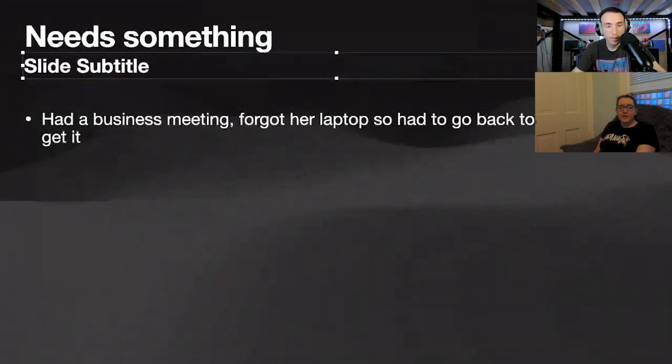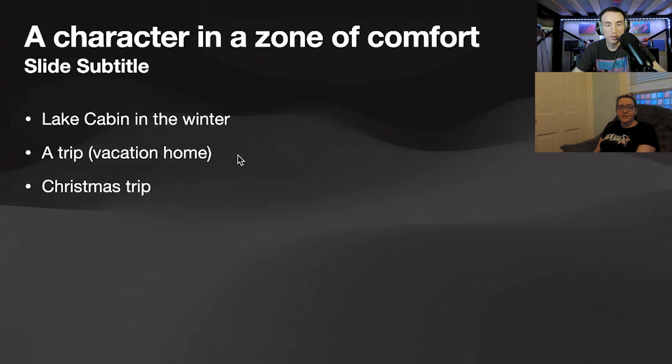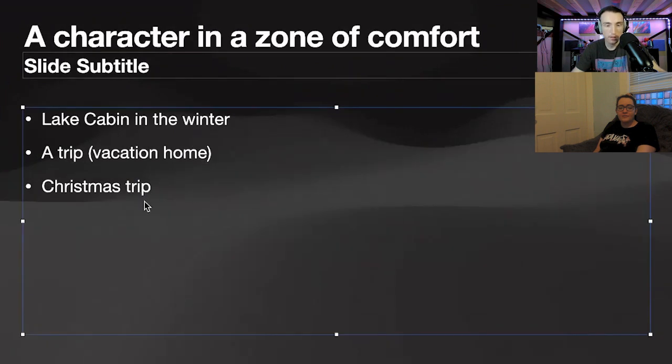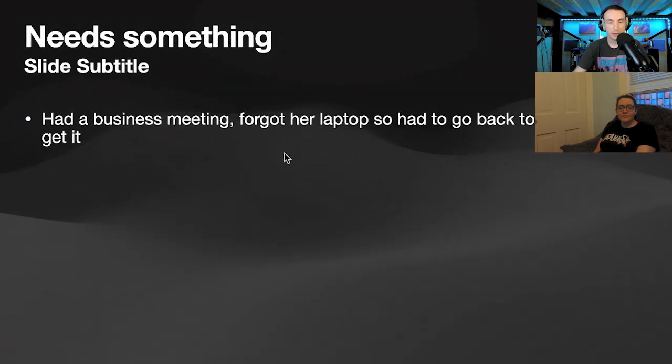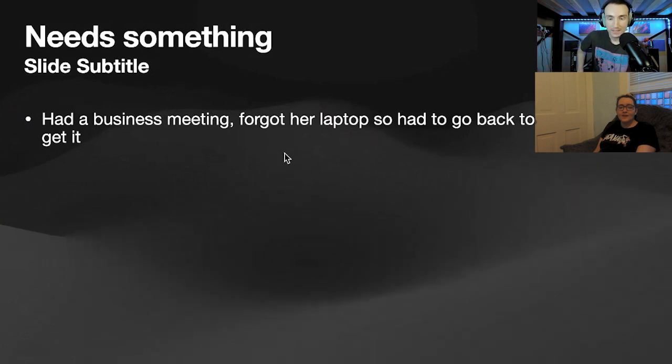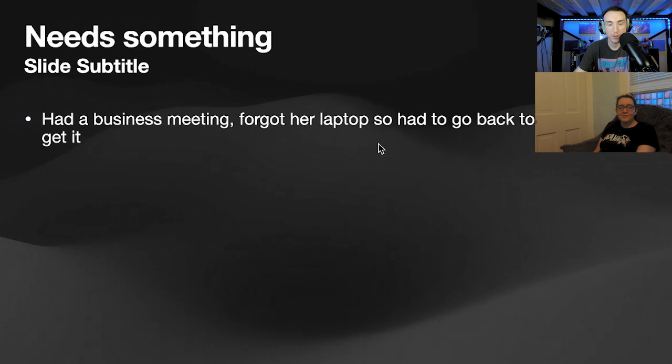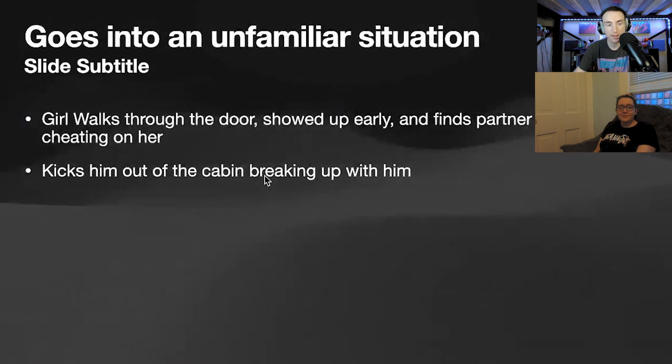Okay. So they start in the cabin. They're there for a Christmas trip, but unfortunately, she has a business meeting. Can't get away from them, I guess, when you're in business. Then she realized she forgot her laptop, went back to get it. That's when she walks in.